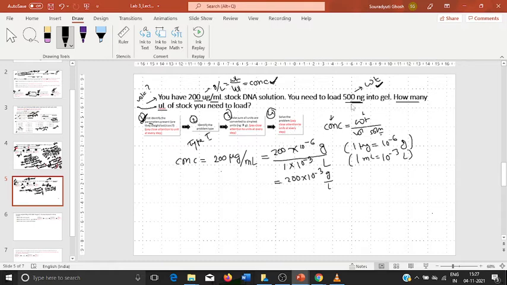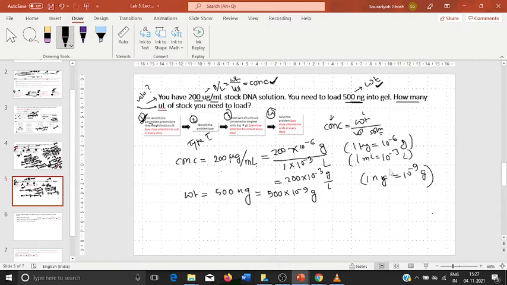The other quantity provided is the weight, 500 nanogram. The simplest unit would be the gram. 1 nanogram is 10 to the power minus 9 gram, so 500 into 10 to the power minus 9 grams.